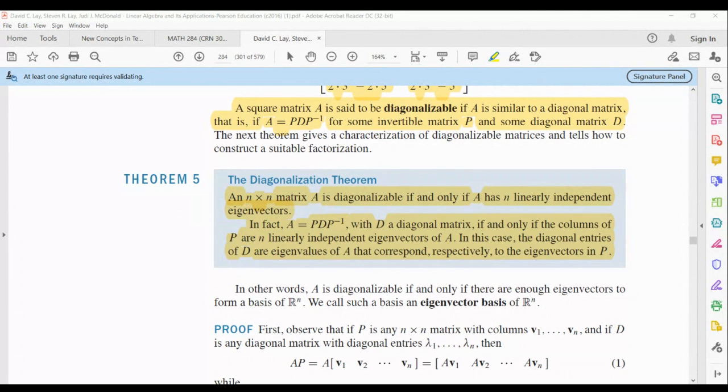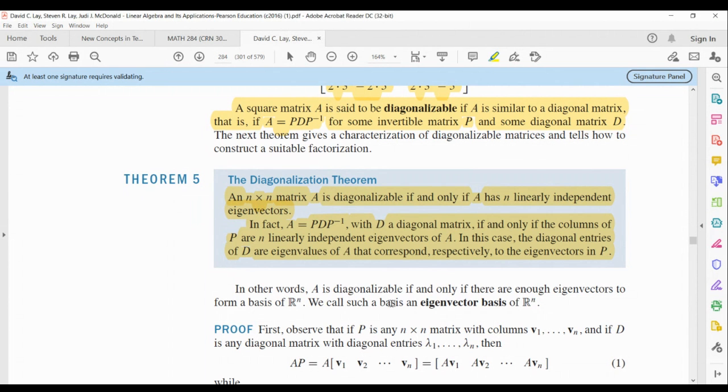And in fact, A equals P times D times P inverse with D a diagonal matrix if and only if the columns of P are linearly independent eigenvectors of A. And then the diagonal entries of D are eigenvalues that correspond to eigenvectors in P. In other words, you have to have an eigenvector basis.